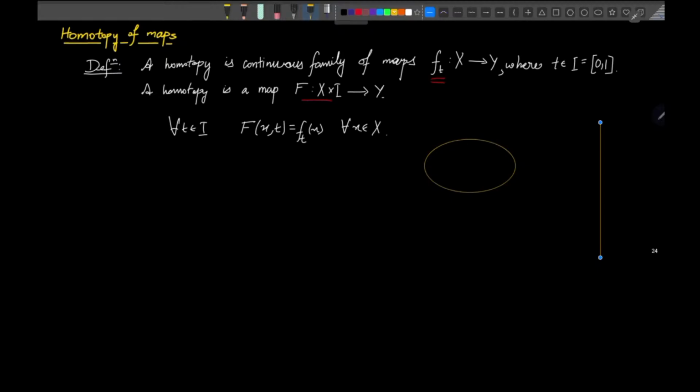Where's the curve option though? I don't see the curve. Anyway, by whatever map we have, let's call this map f. So a homotopy would be a map from this circle, but we cross it with a line again. So what happens when we cross a circle with a line? We get a cylinder, don't we? We get a nice little cylinder here.